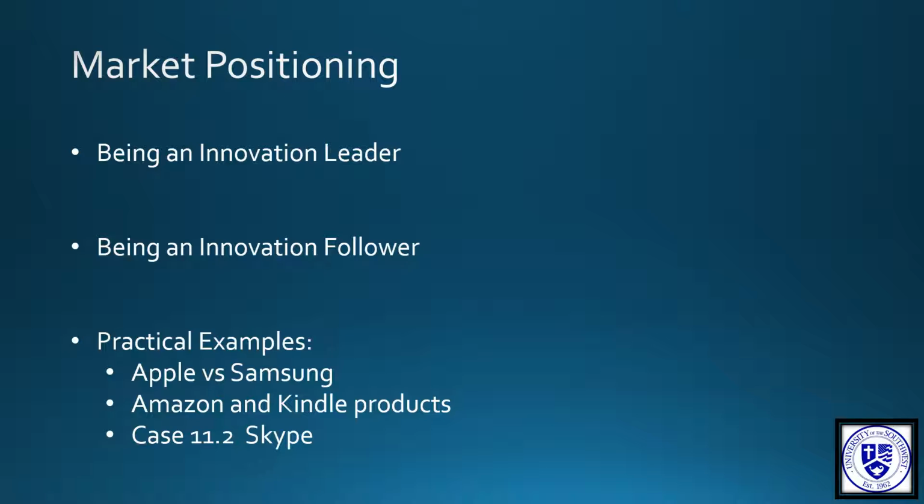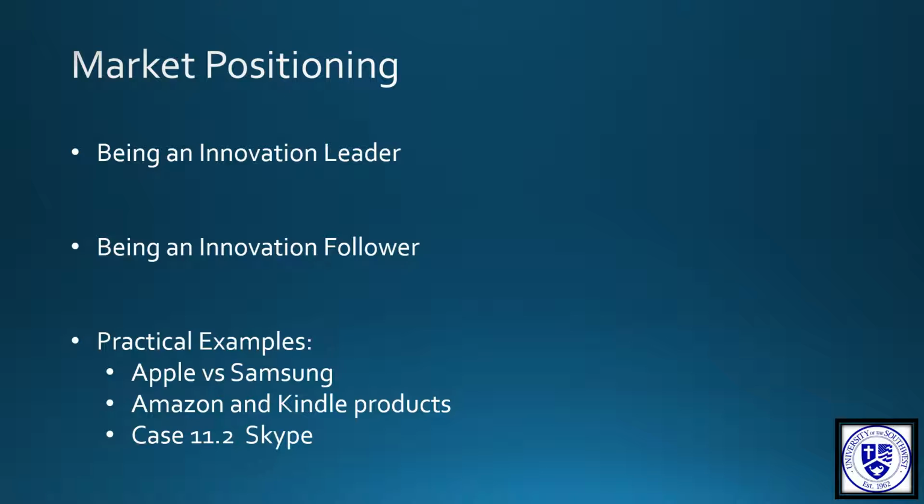Well, Samsung's strategy has been to be the innovation follower, see what works out there, and what people like, the features and the service they like, and then create a product that has all of that and does it really, really well, maybe a little bit better, and then maybe a little bit better, and just constantly be a little bit better, follow the innovation, or even offer the same features and the same or similar product and make it slightly cheaper.